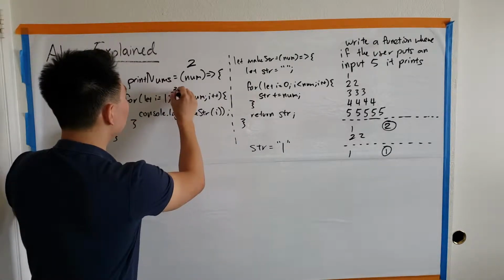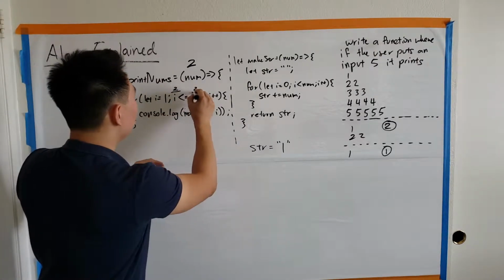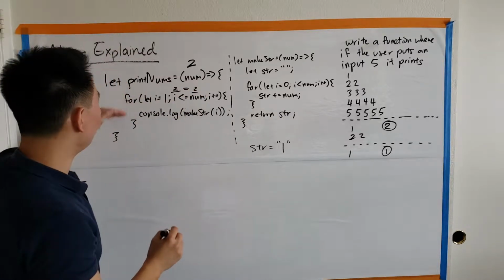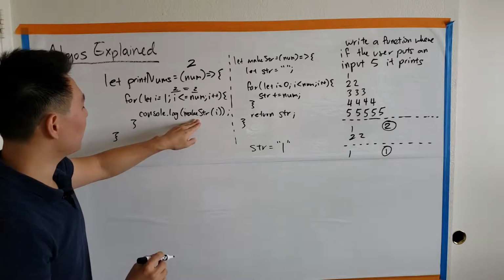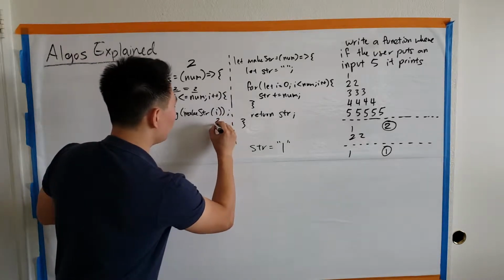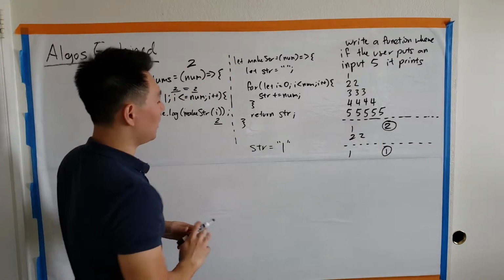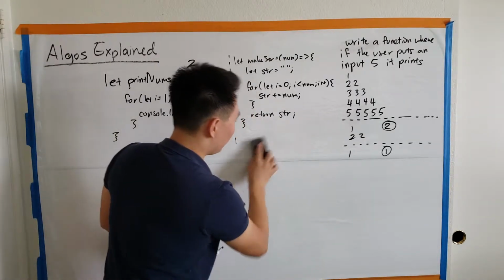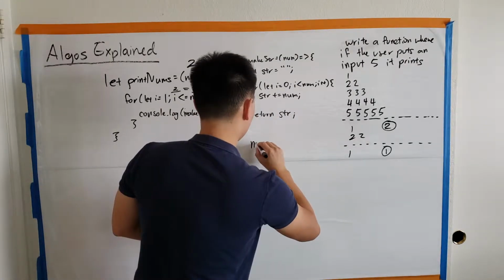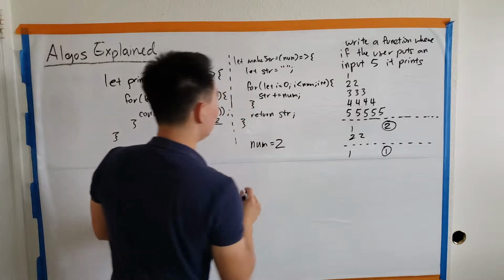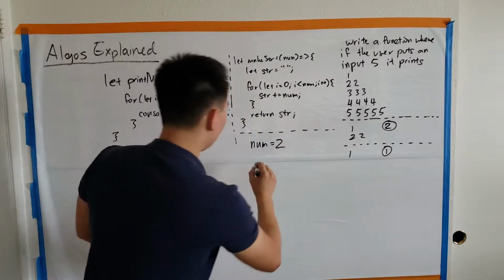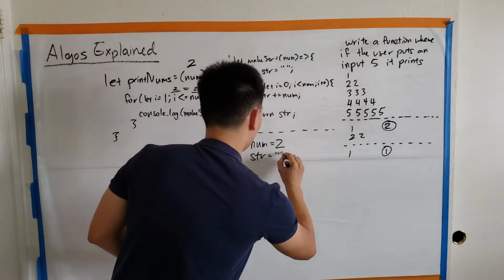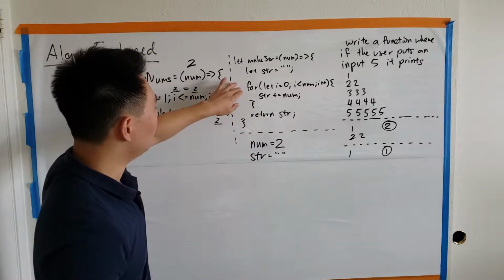Since those are equal, we're going to go into this for loop again, and console log whatever make string of i is, and i right now is a 2, and so now our num is 2. Let's write it out over here. Our num is 2, and our string is just an empty string.